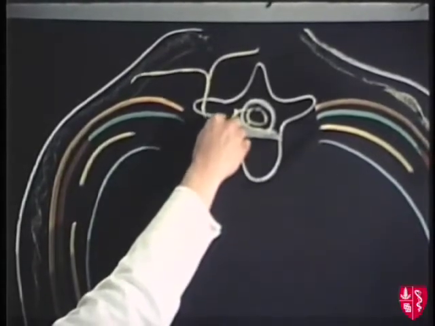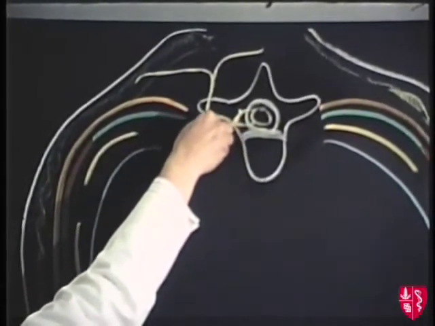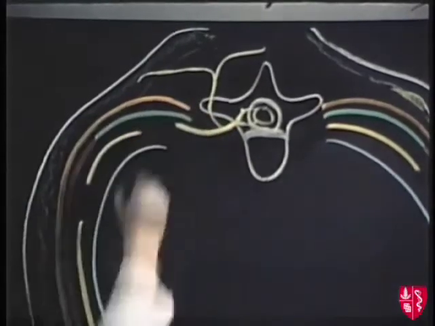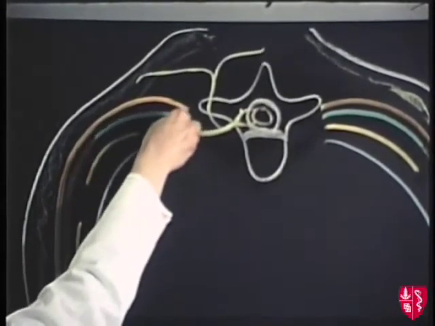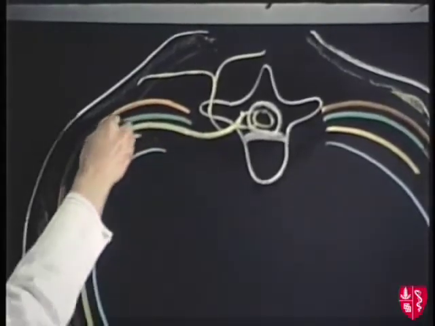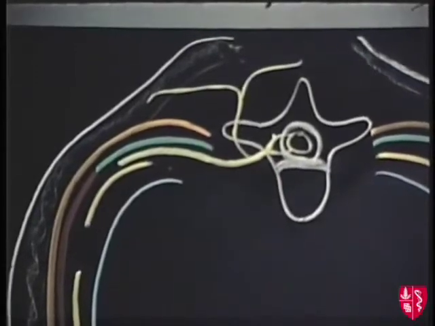Now, the anterior primary ramus courses on round and enters the intercostal space. It's, of course, lying behind the parietal pleura, and it enters the interval between the transversus thoracis and the posterior intercostal membrane.